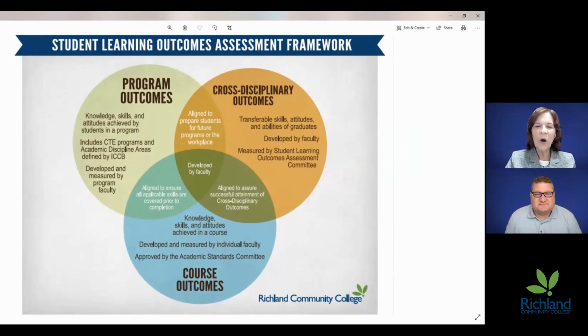Since most people are familiar with course objectives, we'll start the discussion with those. As you see here in this bottom circle are our course outcomes. So the course objectives state the knowledge, skills, and attitudes that a student should achieve by the end of a course. These are found near the beginning of a syllabus.